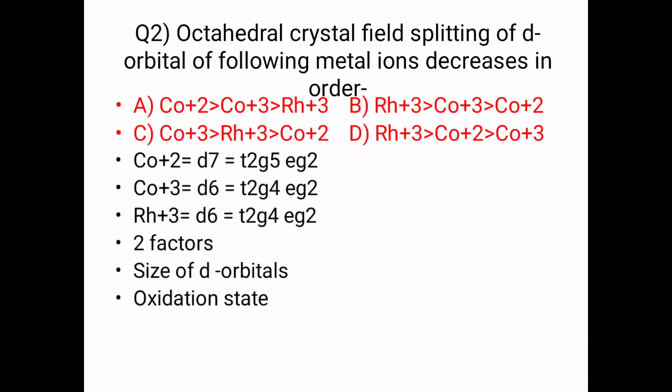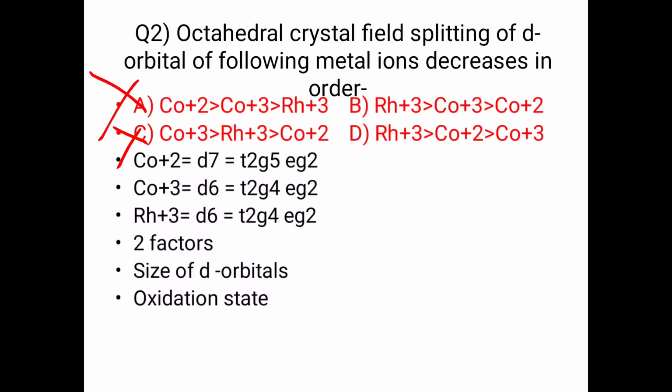The one which has a bigger d orbital, that is 4d or 5d, splits to a larger extent. So the answer should be either B or D because they split more as compared to the cobalt complexes. So we reject these two answers.